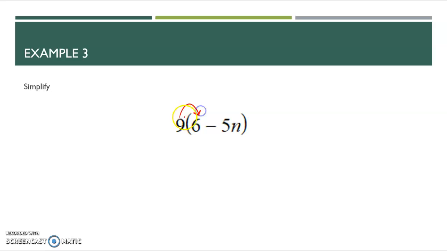I'm going to take 9 times both terms inside of my parentheses. Or if there's more than 2 terms in the parentheses, we're going to multiply it through all of them. So what this means is we're going to take 9 times 6, and we're going to minus 9 times 5n. And so we're distributing that 9 evenly to both terms inside the parentheses.